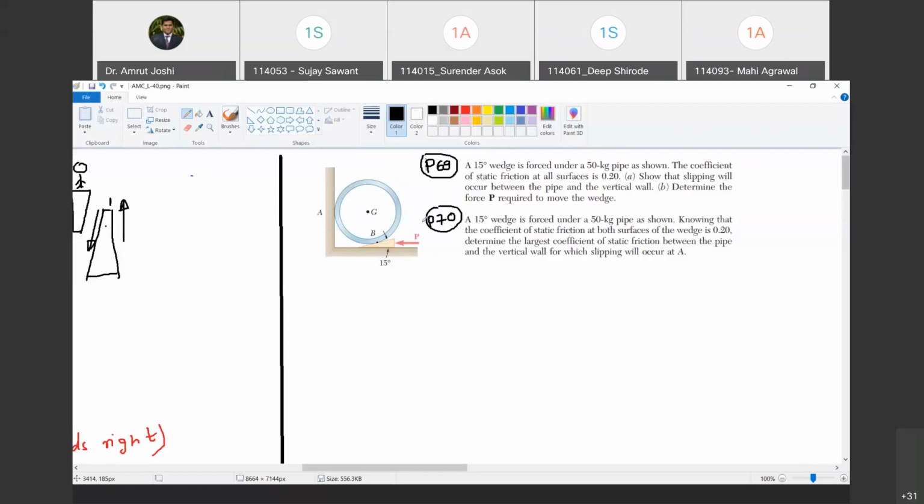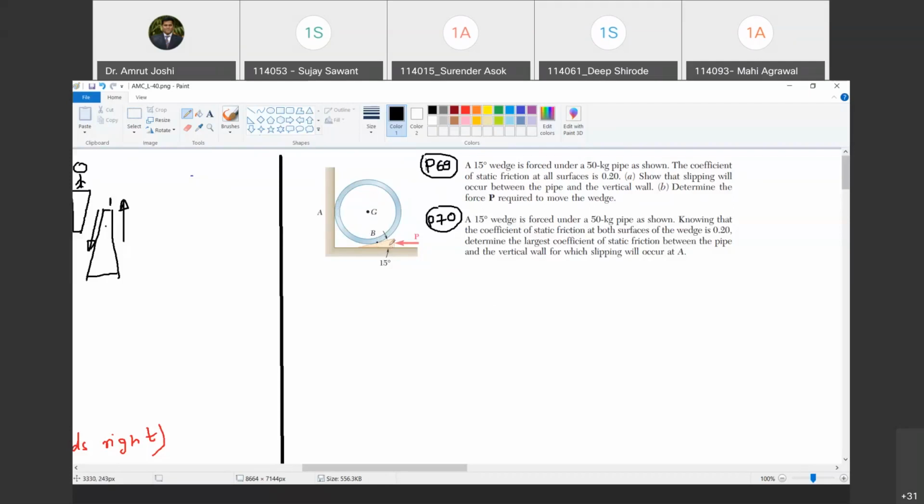Yes, sir. And now similarly, there are two possibilities. If there is rolling at B, that means there is no sliding at A at all. Are you with me? Yes, sir. The rolling can occur only when there is no sliding at A. If there occurs a sliding along A, that means this pipe will be raised up.